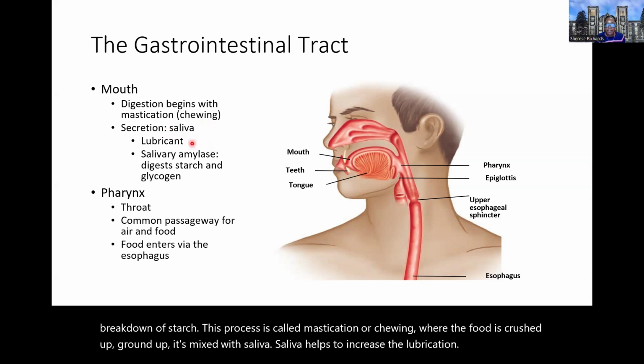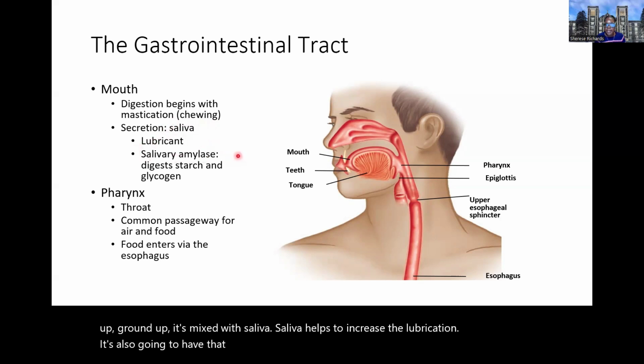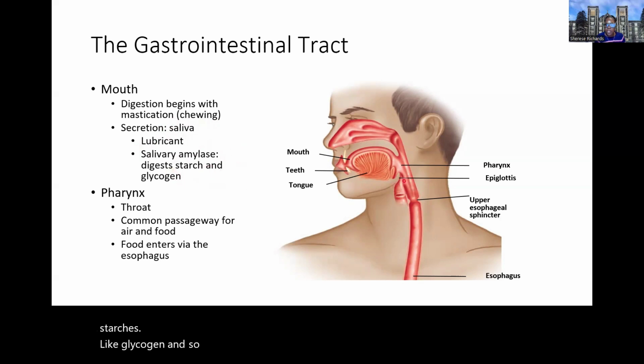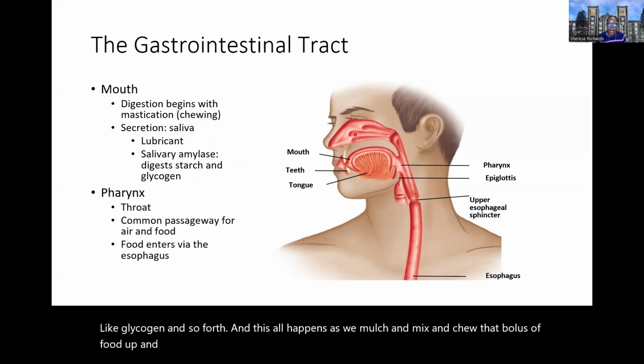It's also going to have that salivary amylase, which begins the breakdown of more complex starches like glycogen and so forth. And this all happens as we mulch and mix and chew that bolus of food up, and it begins to liquefy and move through the rest of the esophagus, right?